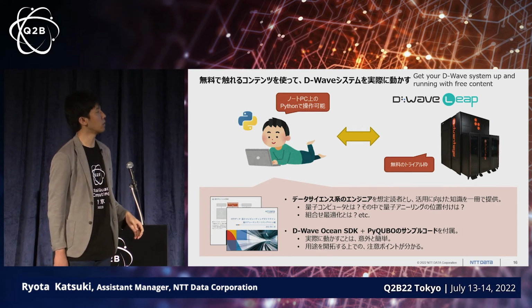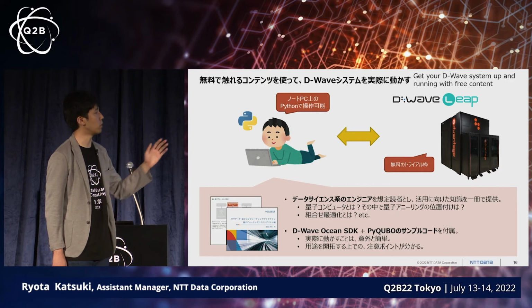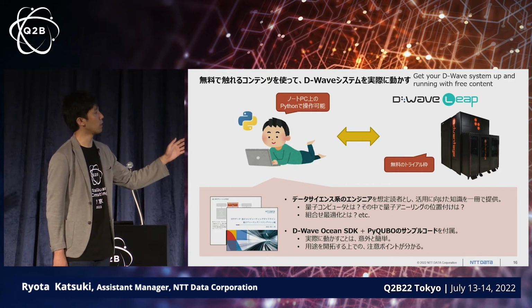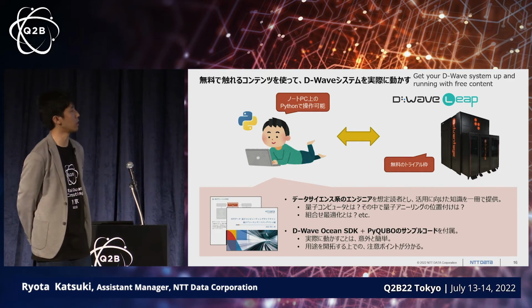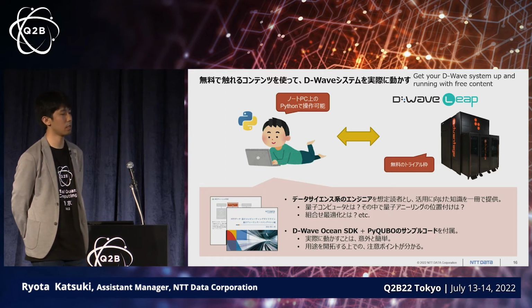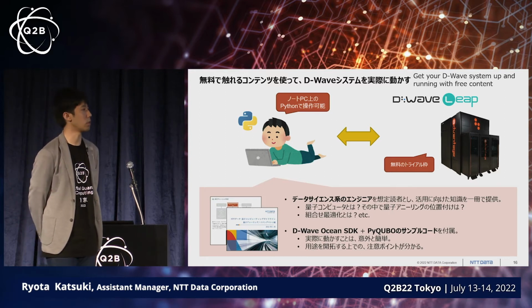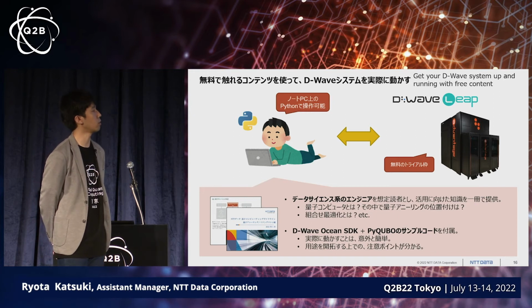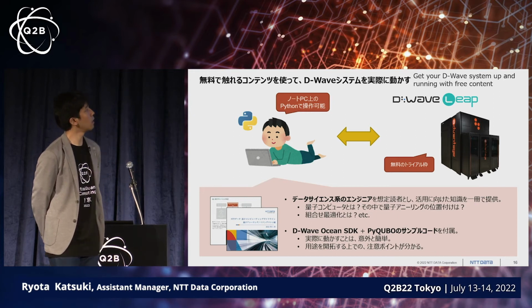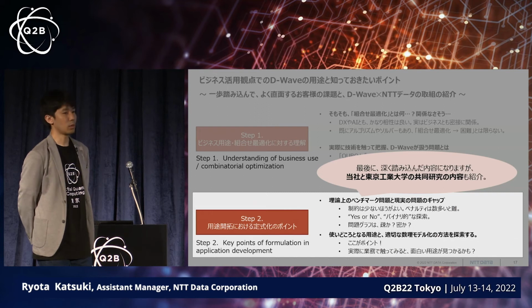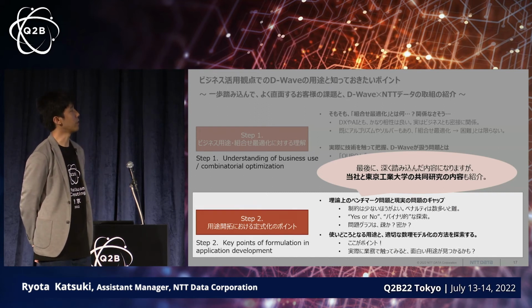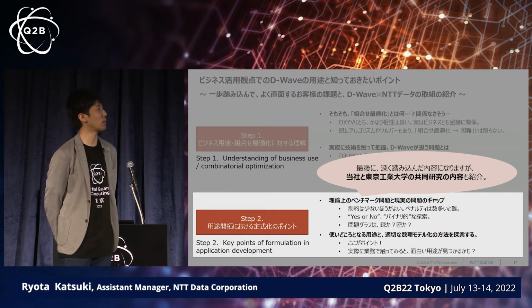As long as you want to touch quantum computation or combinatorial optimization, at least this combination offers you a very basic learning of what it is all about. We also offer some sample data as well. So that is the first step of quantum annealing.